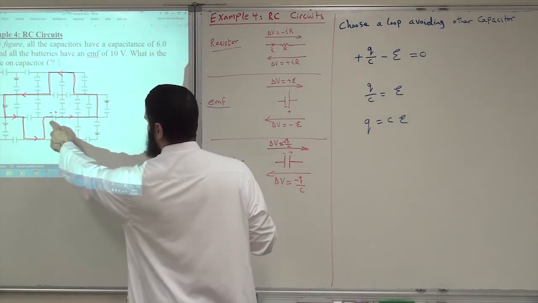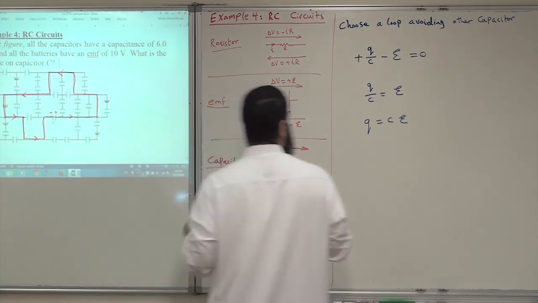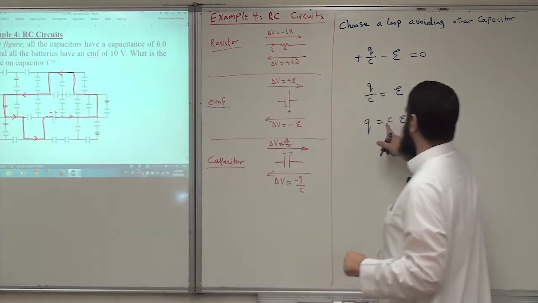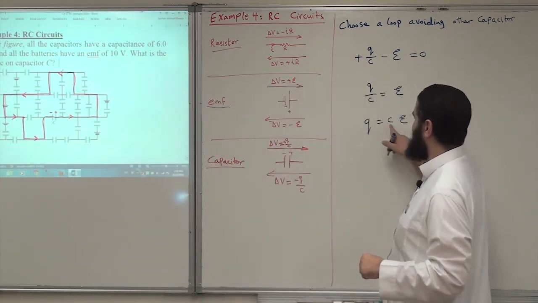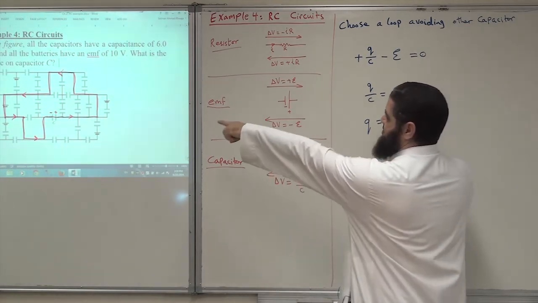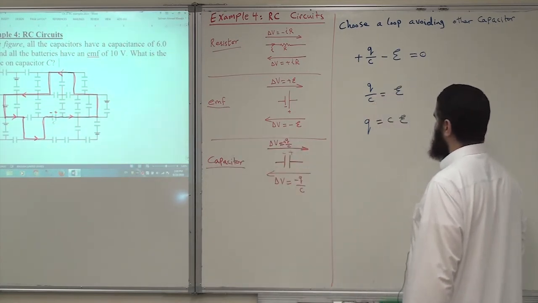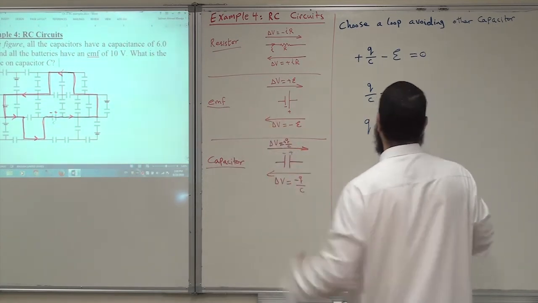This side of the capacitor is negatively charged. That side of the capacitor is positively charged. That is a correct choice. I know that because Q turned out to be positive. If it turns out to be negative, this will be an indicator of the opposite sign of my choice.